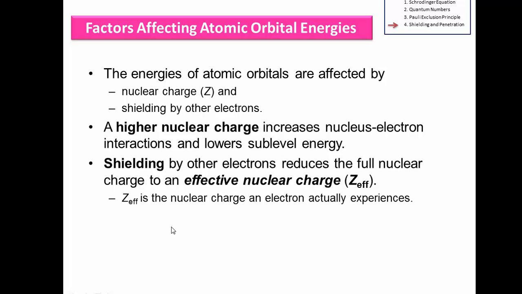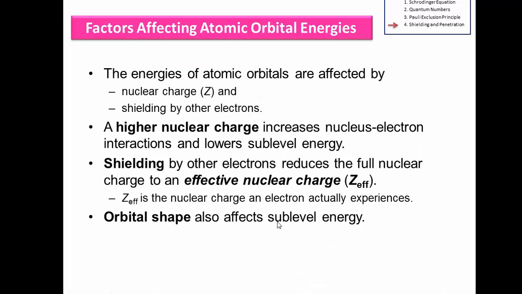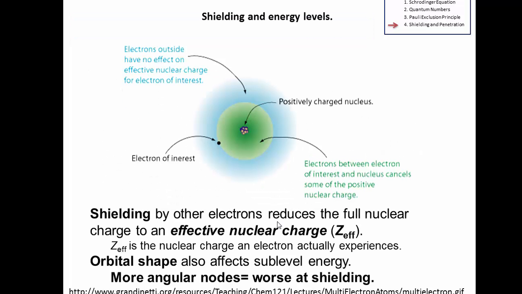So the effective nuclear charge is the charge that the electron actually experiences. And this will be very dependent upon how many electrons are shielding these outer electrons from the nuclear charge. Orbital shape also has an important impact on sublevel energy, and we're going to talk about why this is in a second.